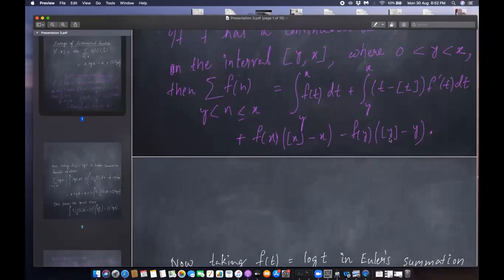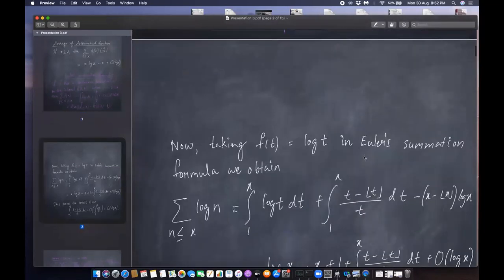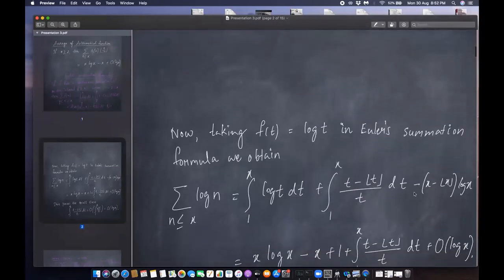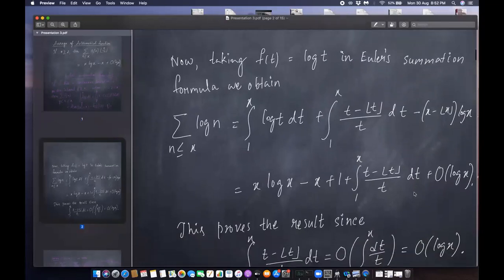So we are left with only these 3 terms here. From the first integral, we simply apply integration by parts, and we obtain that this is equal to x log of x minus x plus 1. So this is trivial.